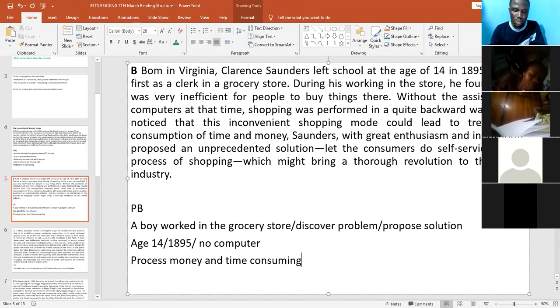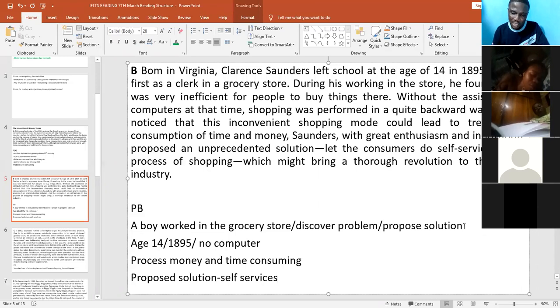Then he proposed a solution. His proposed solution was what? Self-service. Period. I have captured the whole paragraph.